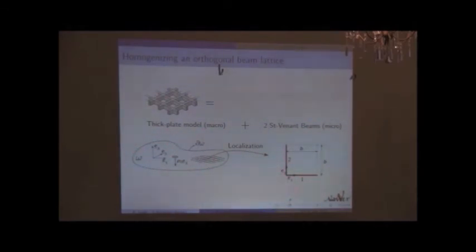And microscopically, this is just two Saint-Venant beams. So I consider those pieces as beams, and this will be my microstructure. So this is my RVE. I have two beams corresponding to those two beams. And if I reproduce periodically those beams, I get this orthogonal beam lattice. I want to homogenize that.